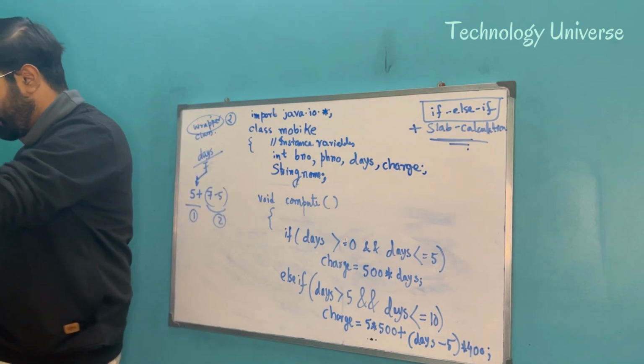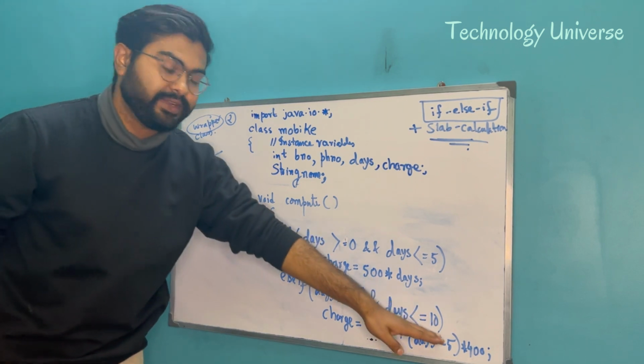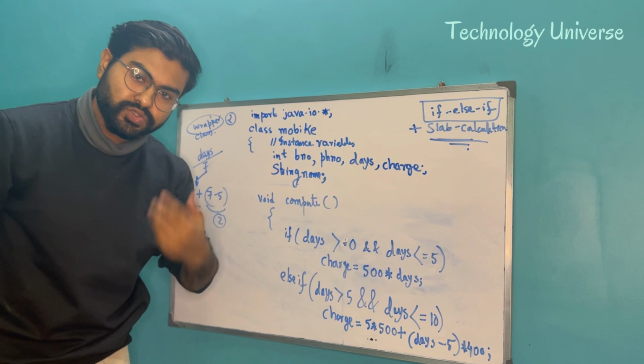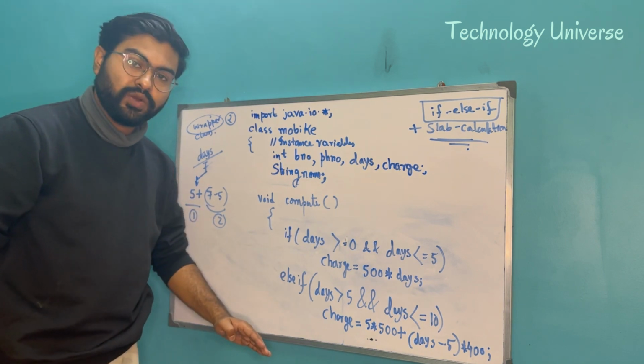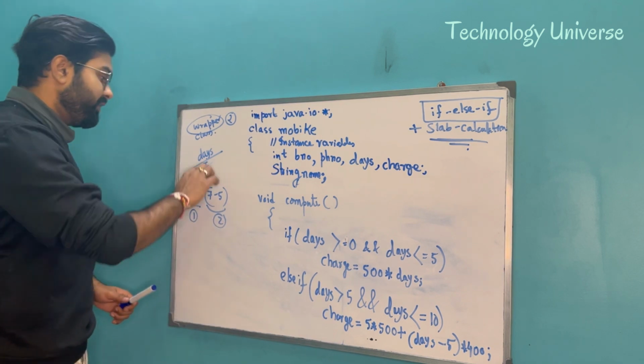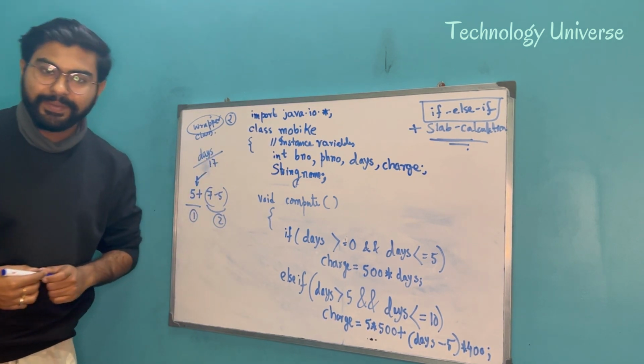Now the last one: the rest of the days, meaning above 10, right? 0 to 5 sorted out, 5 to 10 sorted out. We now have to sort out if our number of days lies above 10. How about if my number of days is 17? What will happen then?